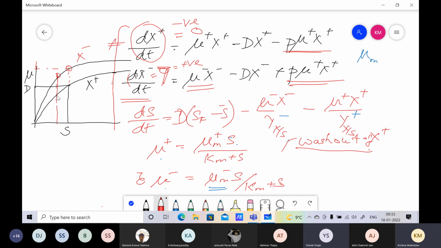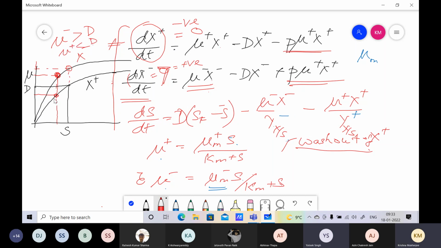At this point, the X plus cells start growing slower than the dilution rate, and the X minus cells start growing faster than the dilution rate. Right? So you can see that mu minus is greater than D, while mu plus is less than D.